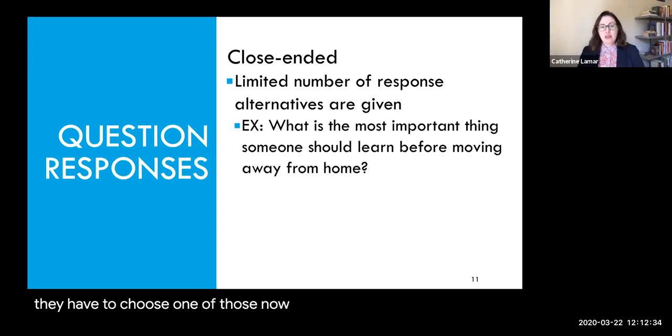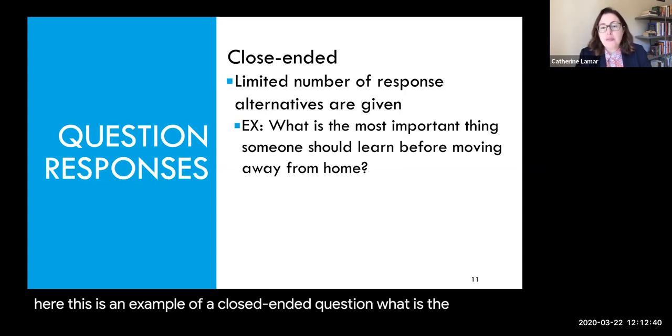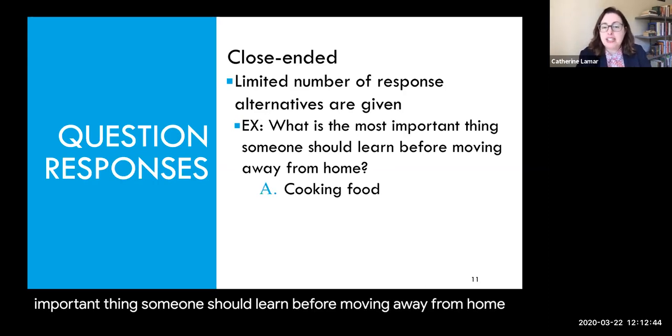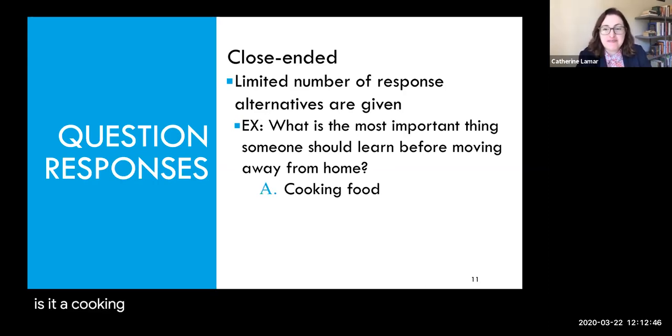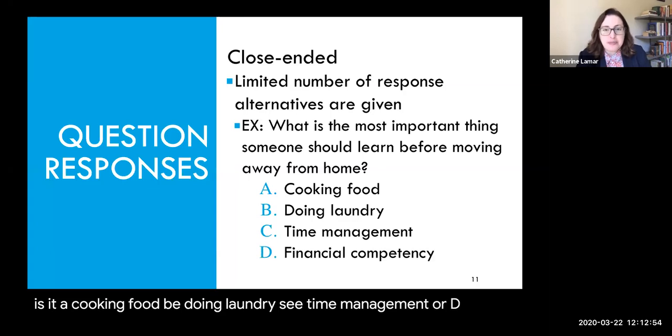Now, I want you to look at this question here. This is an example of a close-ended question. What is the most important thing someone should learn before moving away from home? Is it A, cooking food, B, doing laundry, C, time management, or D, financial competency?